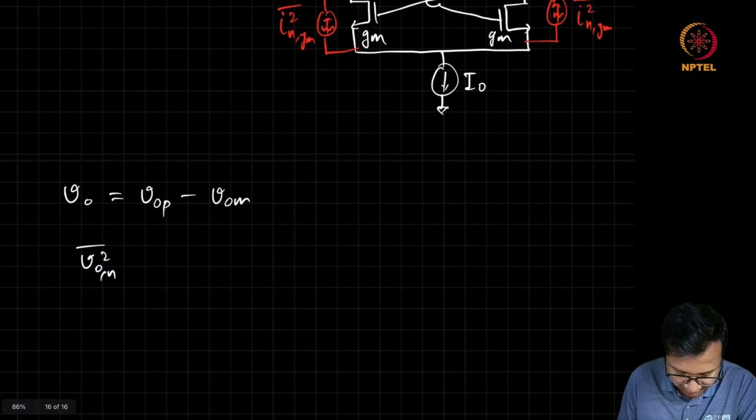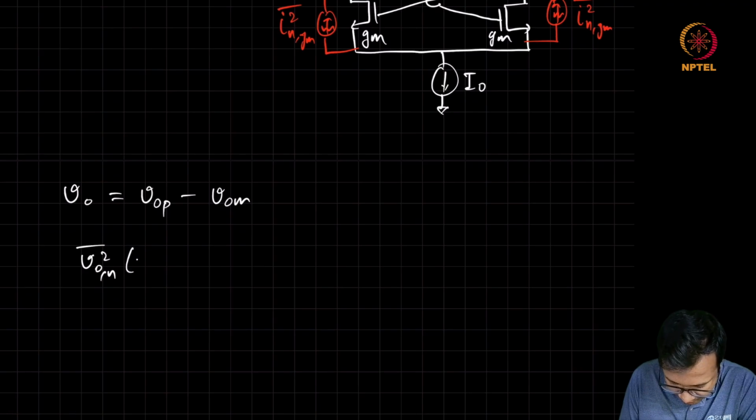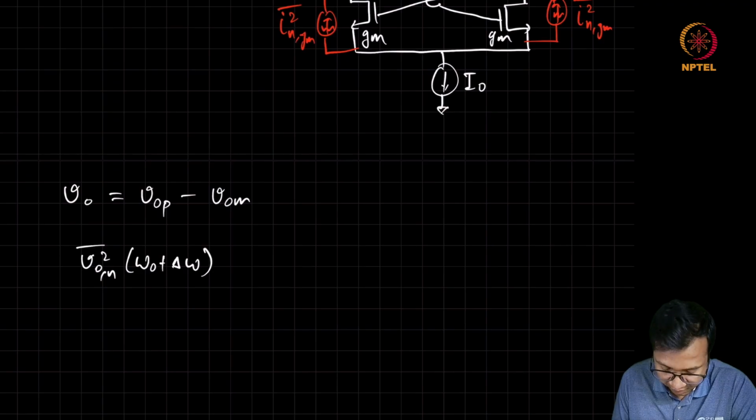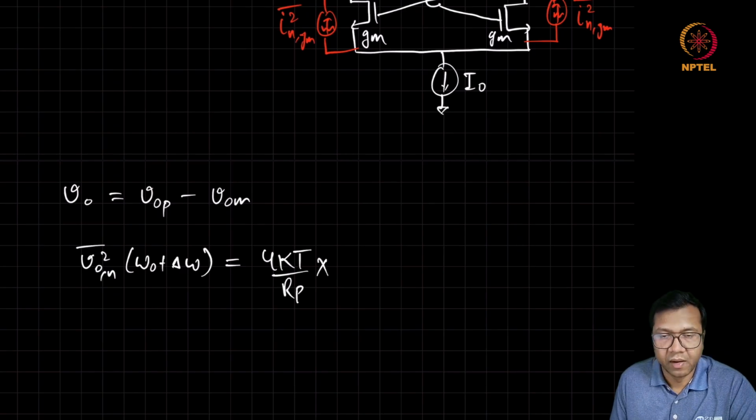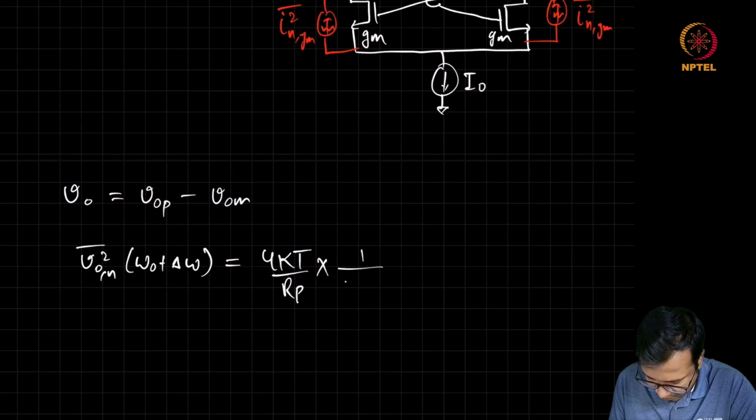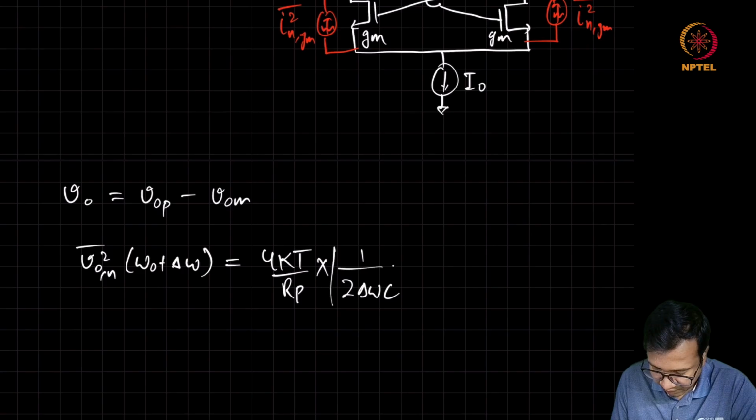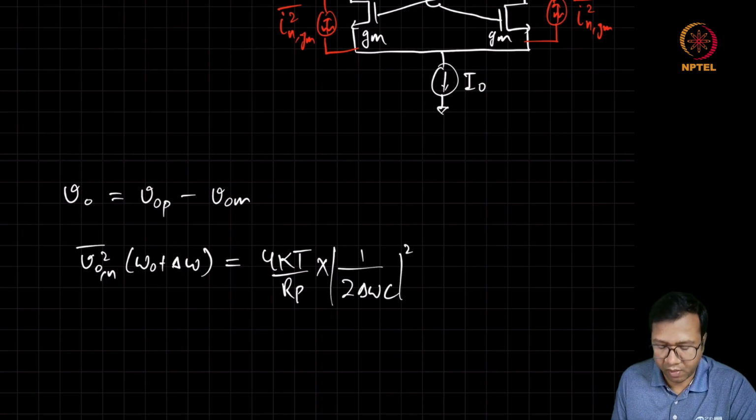So this noise PSD we can define at a delta omega offset from the resonance frequency to be equal to 4 kT by RP, that is the current noise, multiplied by the effective tank impedance, which is 1 by delta omega C, and then we will take a square of this impedance.